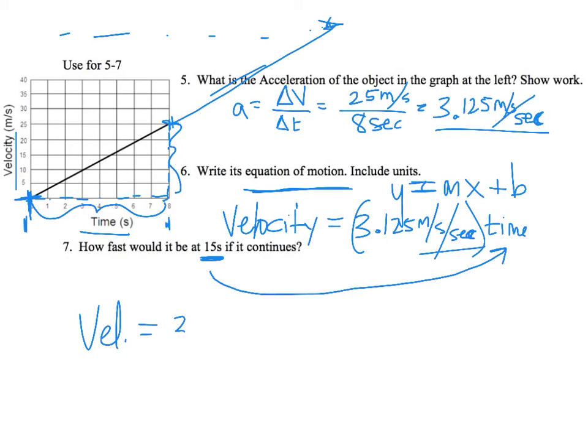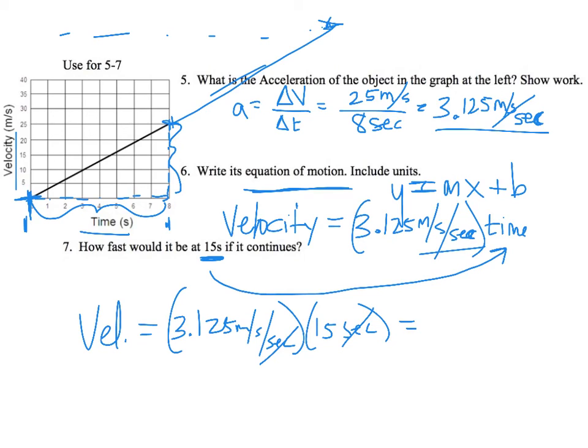Velocity equals 3.125 meters per second for every second, times time. Instead of the word, now I'll put my 15 seconds. Boom. Notice, that second cancels the bottom second, and I get what? 3.125 times 15. Well, 15 times 3 is 45, plus an eighth times 15 is 1 7/8.